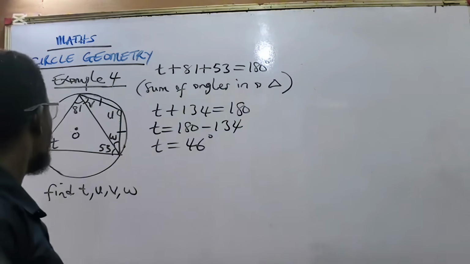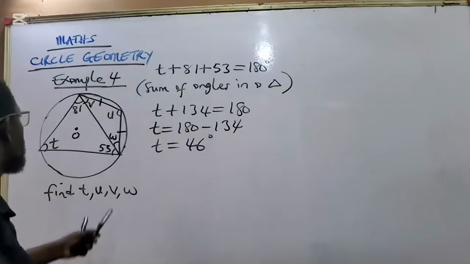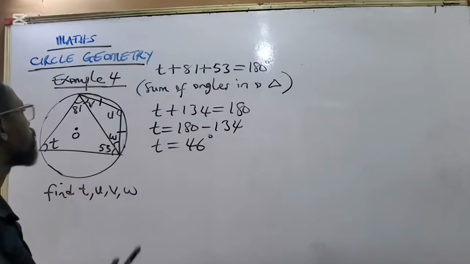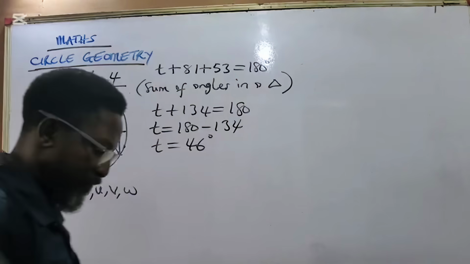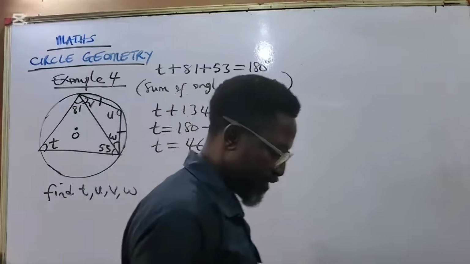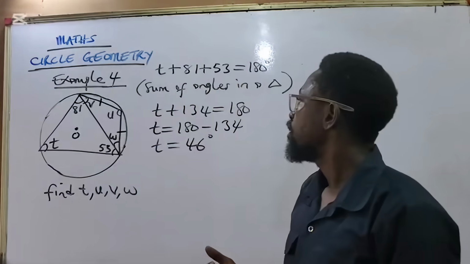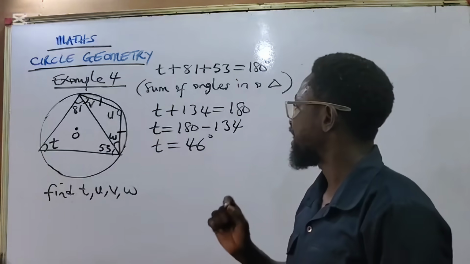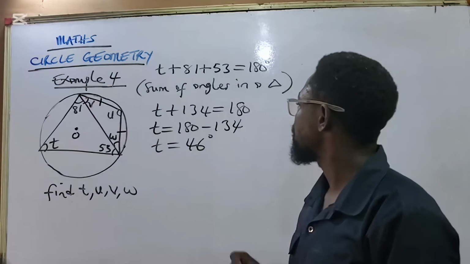The next thing I will do is to find a way to get the value of W and the value of what? If you have watched the previous lecture where I gave you the theorems, then you know that there's a theorem that says the opposite angles of a cyclic quadrilateral are supplementary.